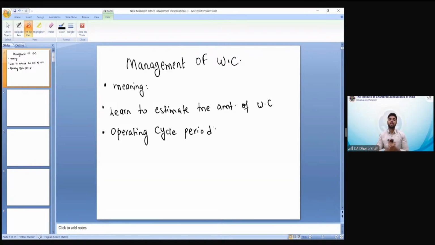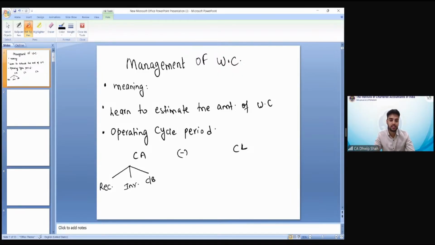Then as you know, working capital, again, is nothing but current assets less current liabilities, correct? This you have already learned at your lower level. Now there are different subcomponents of current assets, like you have receivables, you have inventory, you have cash and bank balance, correct?